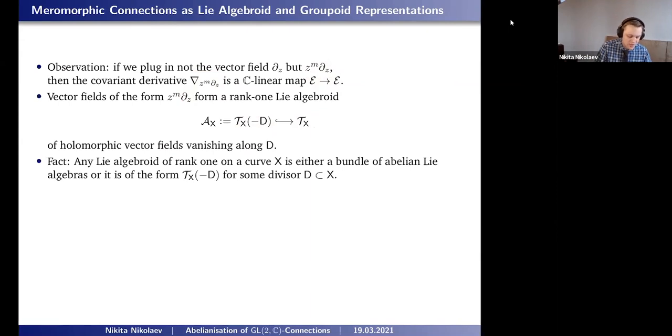There's this very simple fact: if I look at a Riemann surface X and I want to understand all possible rank 1 holomorphic Lie algebroids on X, then unless the Lie algebroid I picked is just a bundle of abelian Lie algebras, which is not very interesting, it has to be of this form. So it has to be the tangent bundle twisted by the divisor.